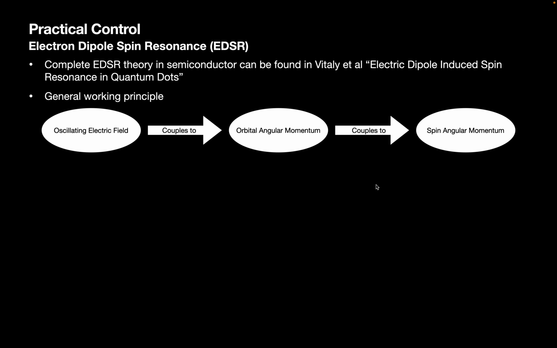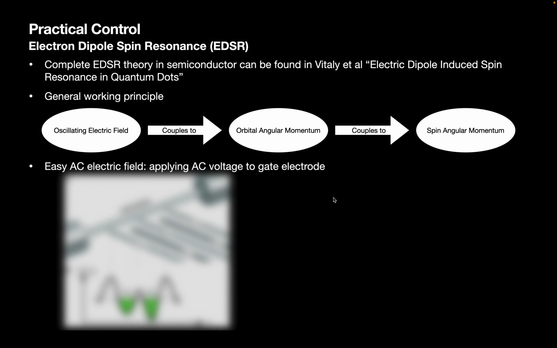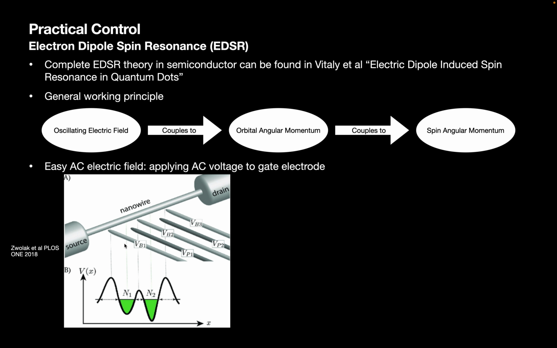That's the working principle. And luckily, in quantum dot, you have fairly easy access to AC voltage or AC electric field because that's what you use to trap the electrons in the first place.